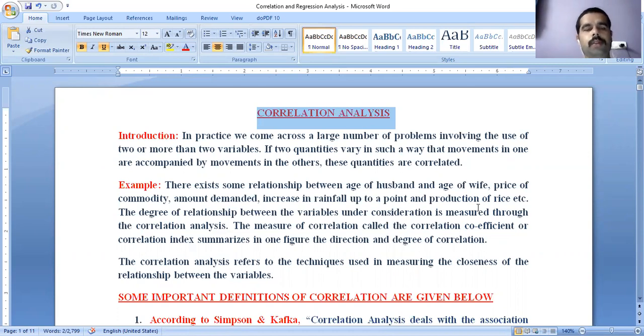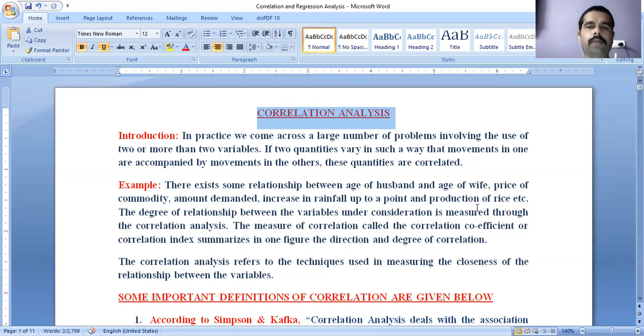First of all, we need to see what correlation is and what we call analysis. Analysis is nothing but a detailed examination of the given data or given variables. Here, in correlation, in practice we come across a large number of problems involving the use of two or more than two variables.